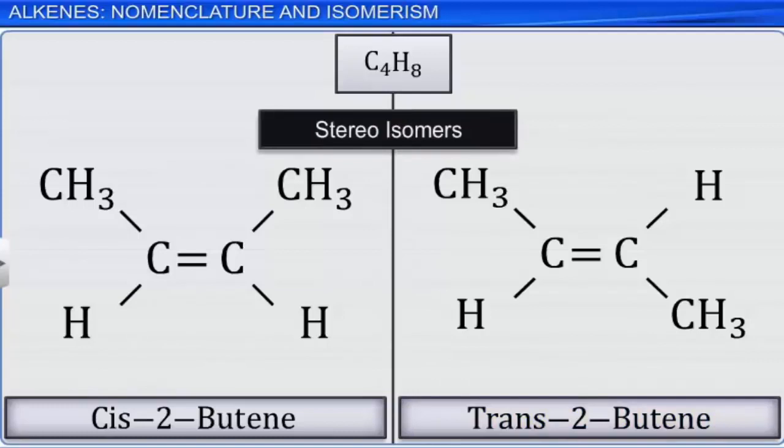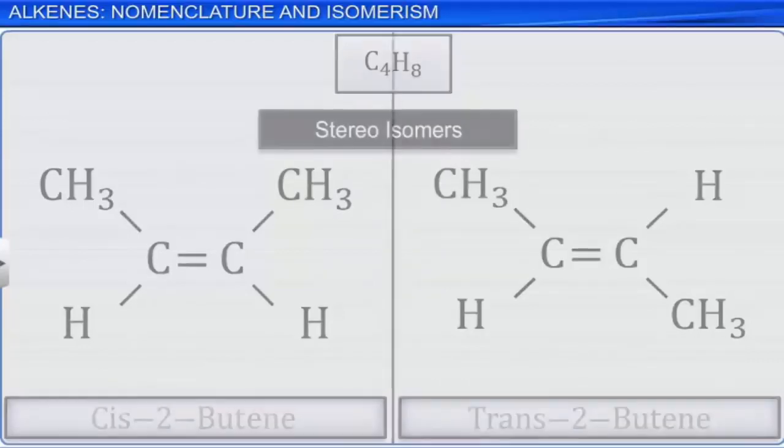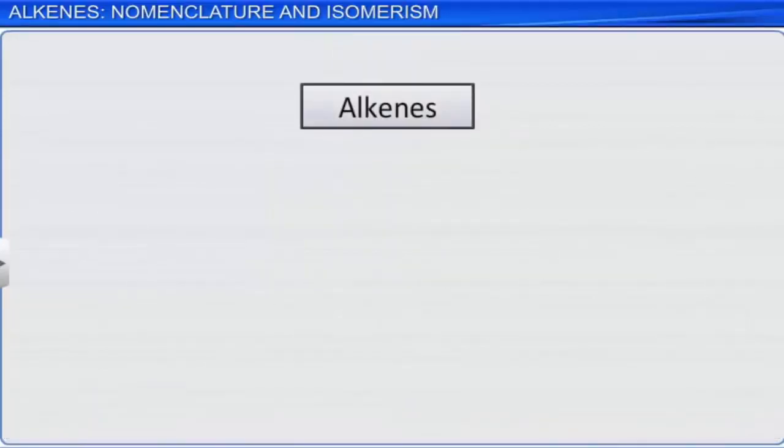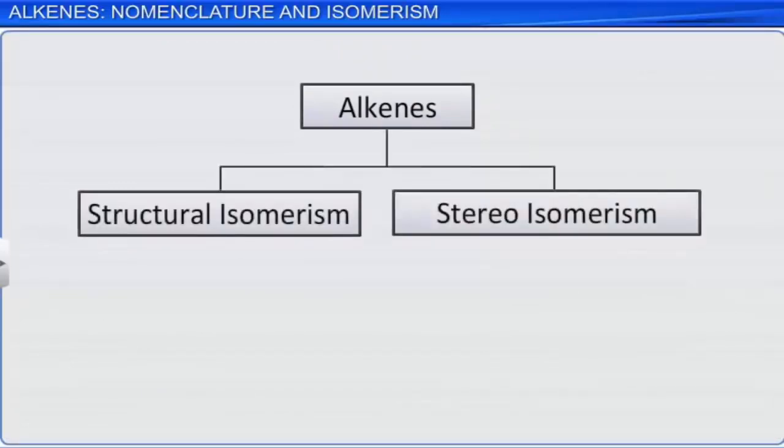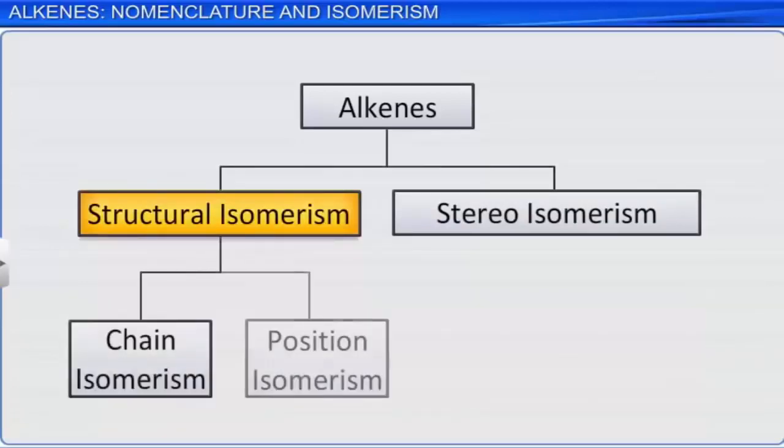Thus, higher alkenes are said to show both structural and stereoisomerism. In structural isomerism, they show chain and position isomerism. In stereoisomerism, they show geometrical or cis-trans isomerism.